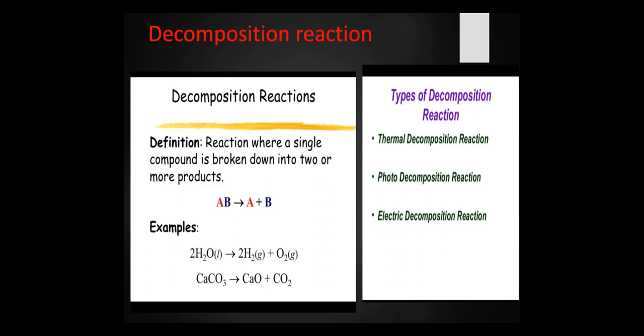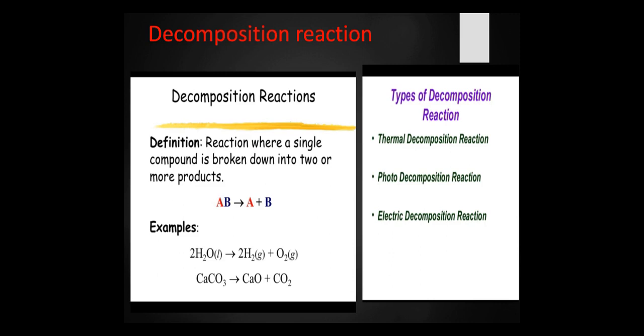After electrolysis, it gets converted into its constituent elements and is decomposed into hydrogen and oxygen. Next is CaCO3, that is calcium carbonate. When heated, it also decomposes into calcium oxide and carbon dioxide.